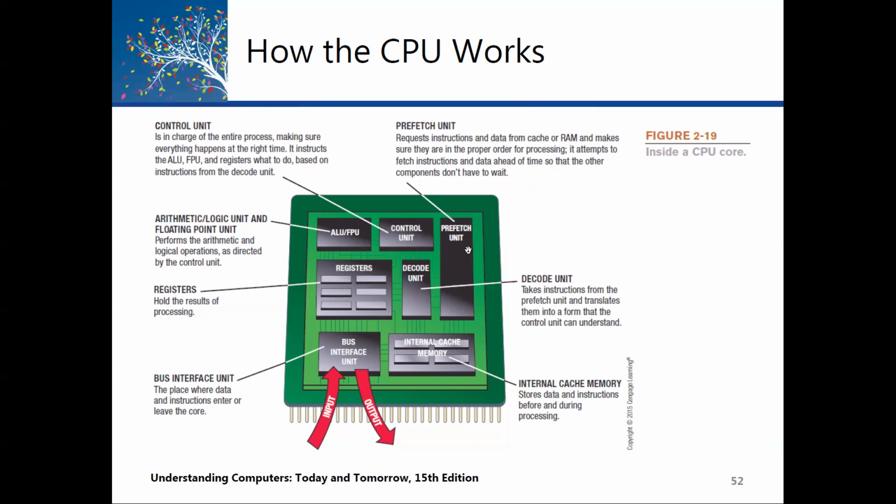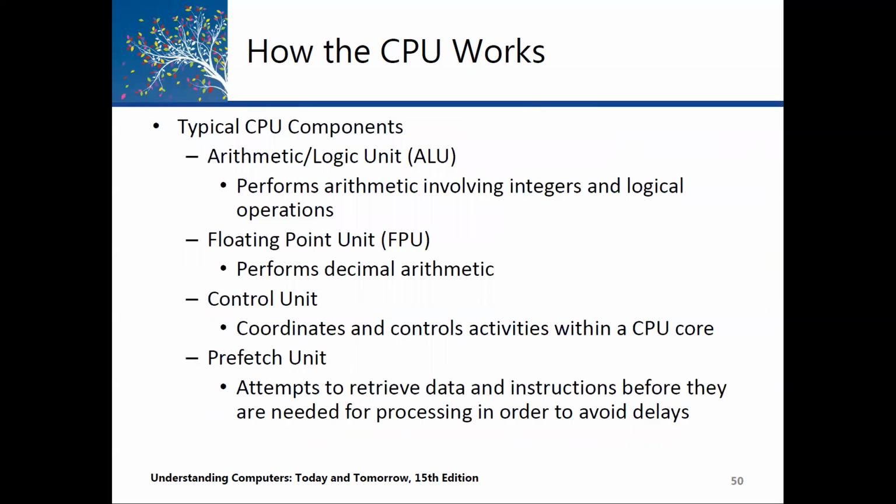Then we have the prefetch unit, the decode unit, registers, the bus interface unit, and the internal cache memory. Most of the terminologies you are already aware of from the previous lecture. We'll be discussing these components in detail one by one in the coming slides, right? So let's move back here.